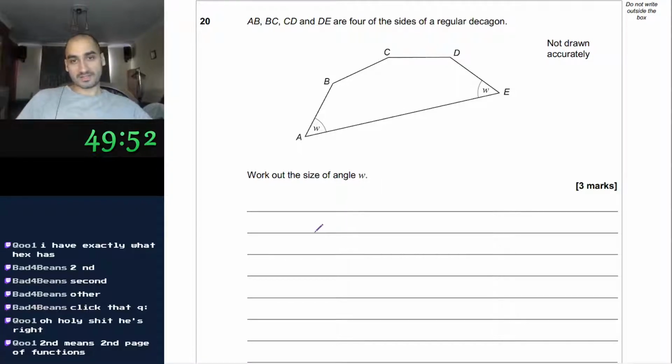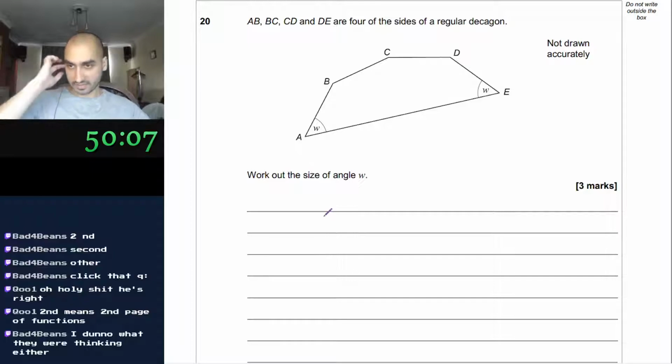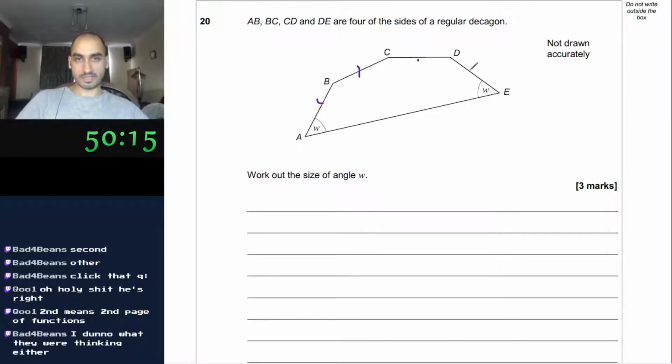Alright. Decagon. AB, BC, CD are four sides of a regular decagon. Oh, okay, it's a regular decagon. Work out the size of angle W. Well, I've only got 40 minutes left. I better... Well, probably got enough time. So these are all the same length. 1, 2, 3, 4 sides of the decagon.